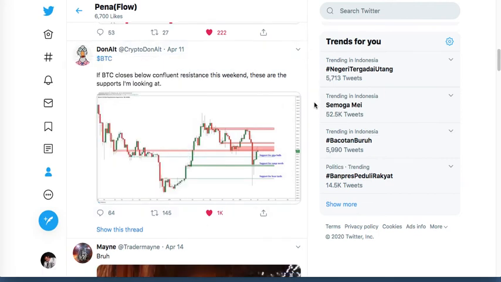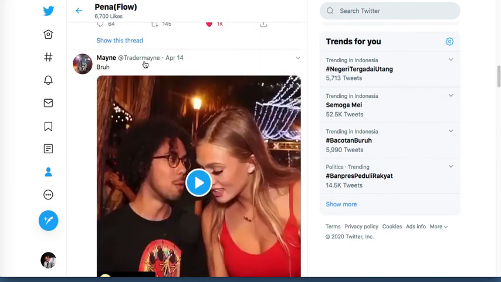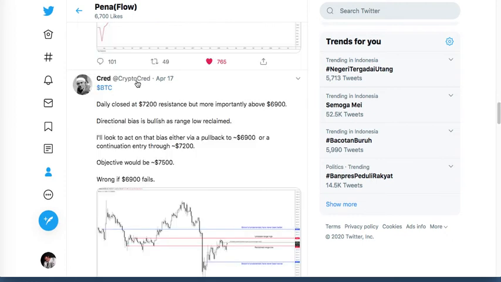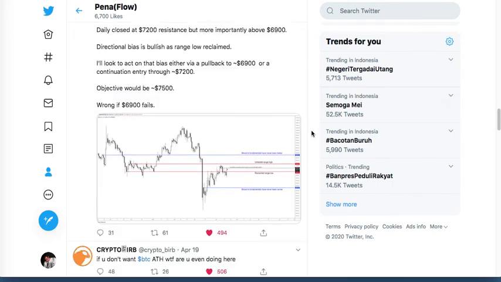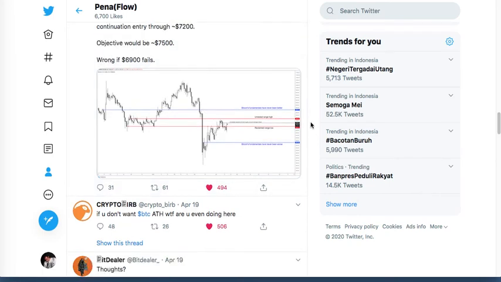Trader Main, also very good. Crypto Cred also posts charts regularly, explaining all the areas in a simple way, only with support and resistance, no trend lines, nothing else, just support, resistance, and price action.